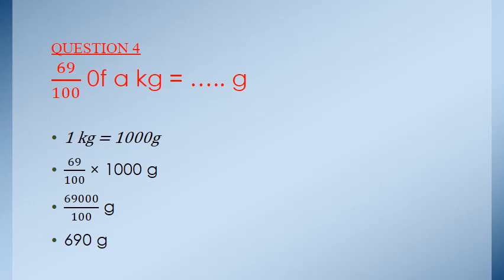So our fraction became 69,000 upon 100 gram. Now reducing this fraction, our answer came out to be 690 gram. So 69 upon 100 of a kilogram, or of 1 kilogram, is equal to 690 gram.